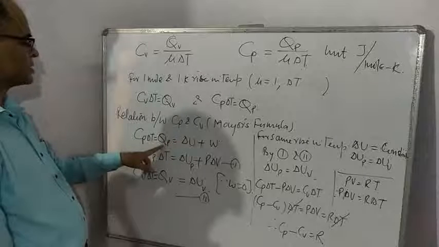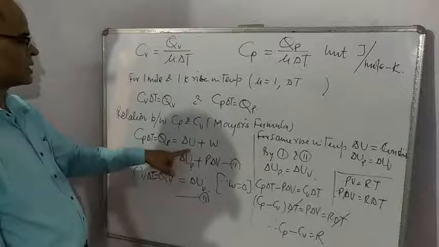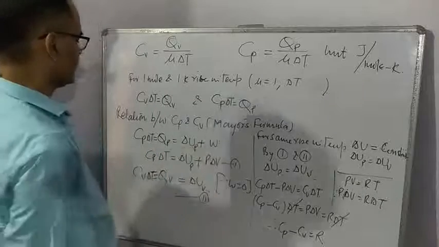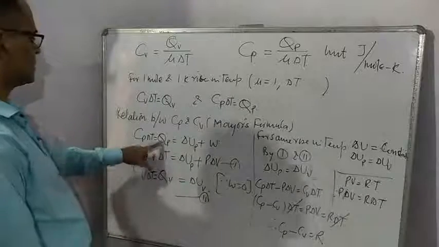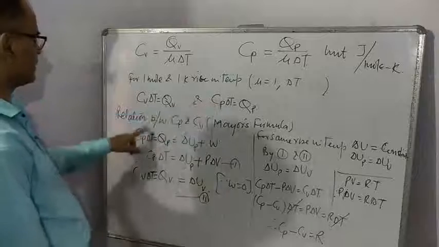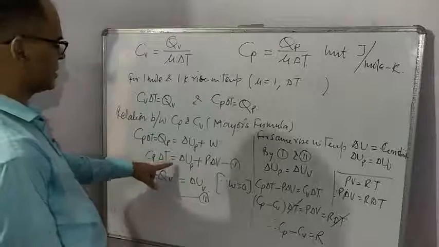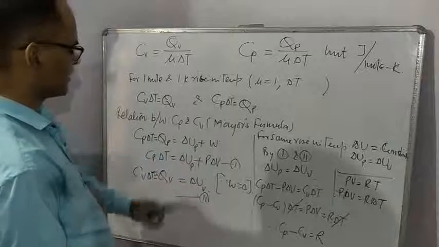Heat supplied at constant pressure increases internal energy as well as does work. And Qp is equal to Cp delta T. Therefore, you can write Cp delta T is equal to delta Up plus P delta V. This is equation 1.